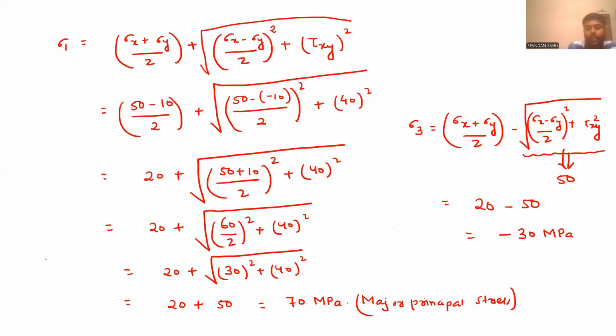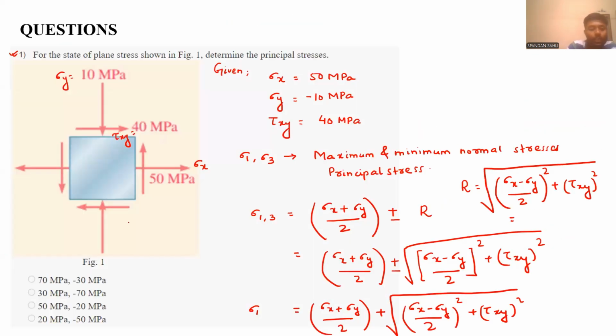We are getting 70 and minus 30, so option A is the correct option. Just take note of this question, because in the subsequent questions we also have to refer to this question, as those are parts of this major one.